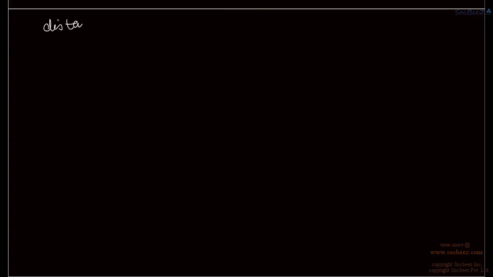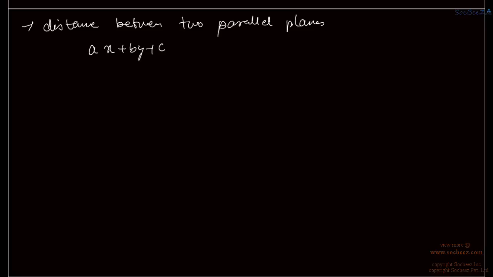So if we have to find the distance between two parallel planes, we have two parallel planes as ax plus by plus cz plus d1 is equal to 0, and another parallel plane.